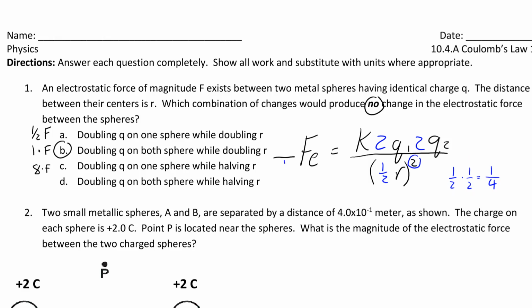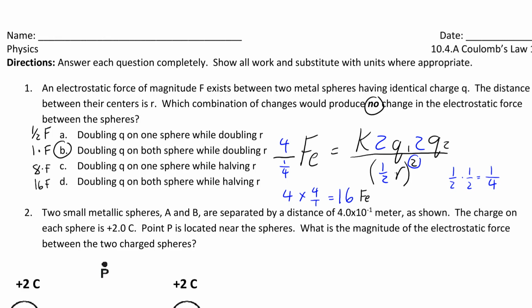So you get a 1/4 in the denominator, and you get a 2 times 2, a 4 in the numerator. You give yourselves a keep, a change, a flip, and then that's 16 times Fe.